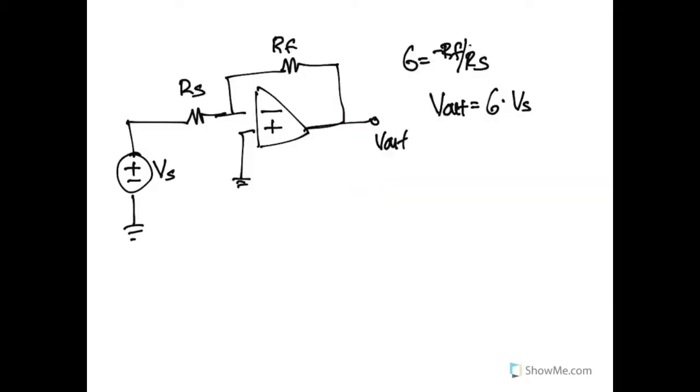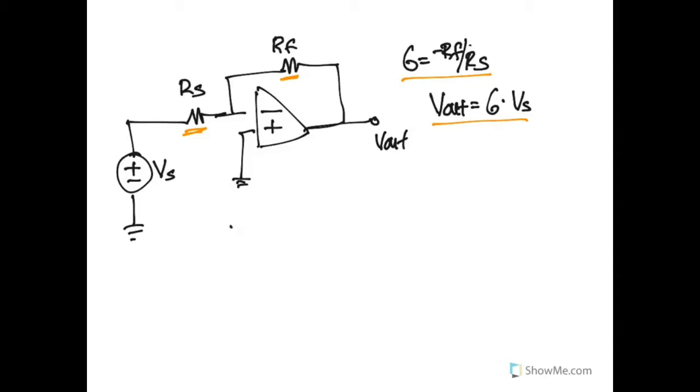So let's take a look at a classic design that we saw before, that of an inverting amplifier. We have our source resistor and our feedback resistor, and we've seen previously that in this op amp configuration, the gain is the negative feedback resistor divided by the source resistor. For a particular circuit, our output here is going to be G times Vs, and yes, that is a G and not a 6.